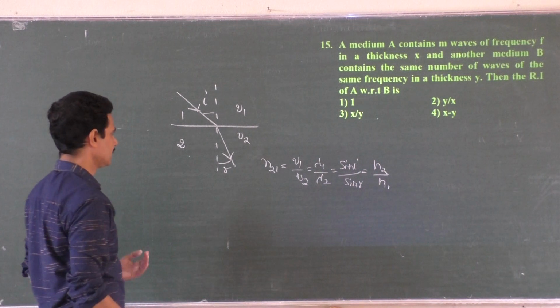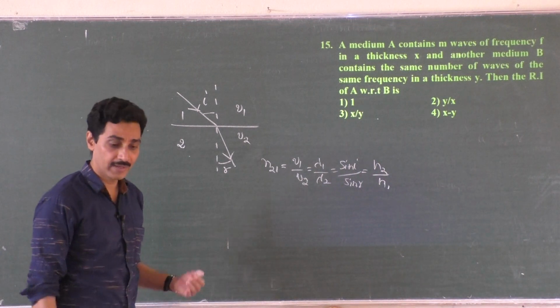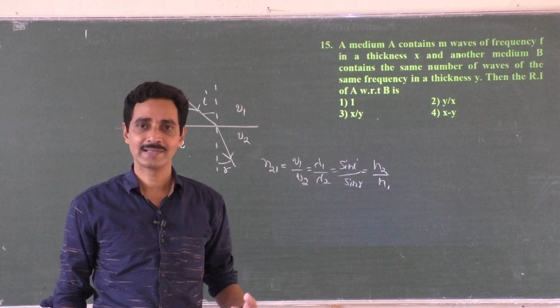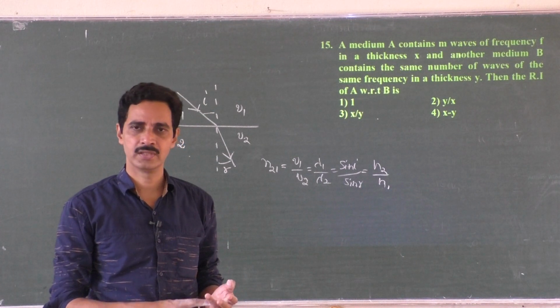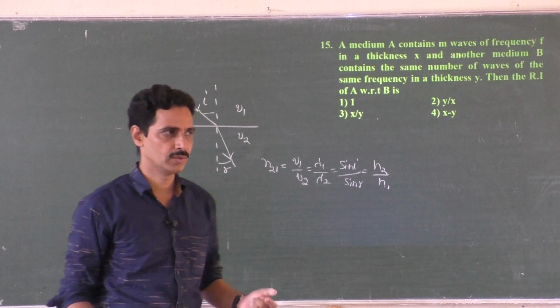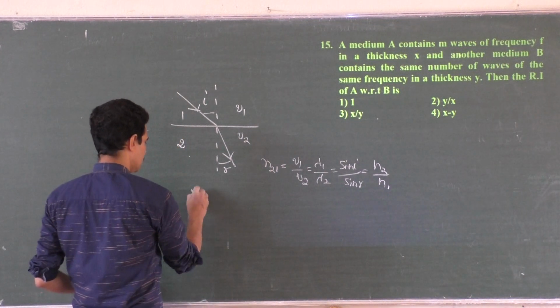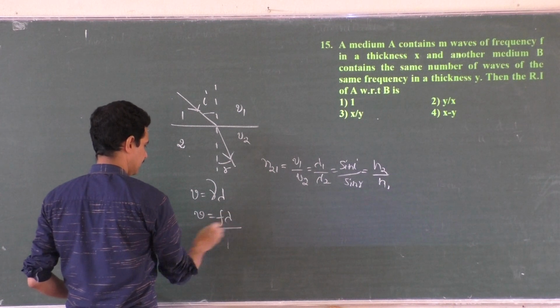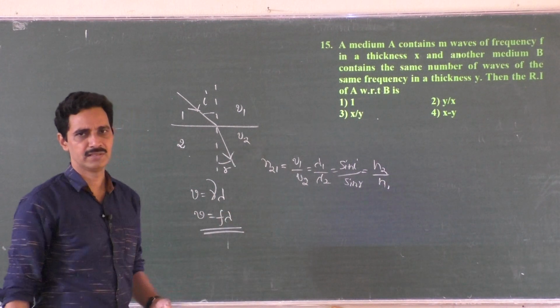Now, my question is, when a wave travels from one medium to another, any wave for that matter, a wave has characteristics like velocity, wavelength, frequency, and you know the relation between them: v equals f lambda. In simple words, velocity is equal to frequency into wavelength.